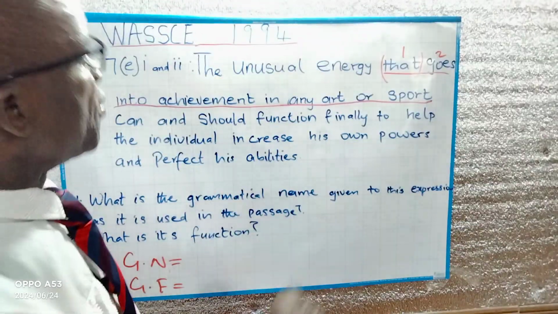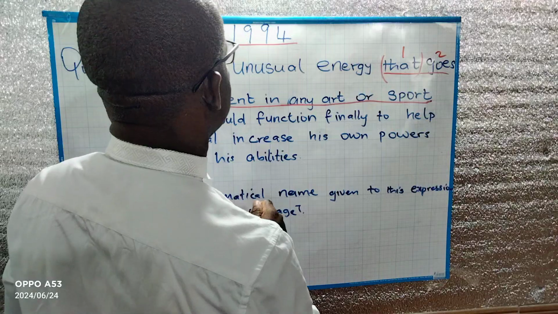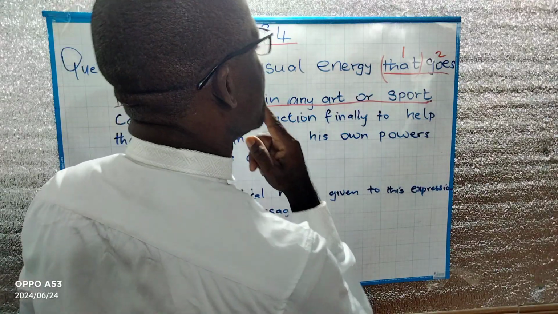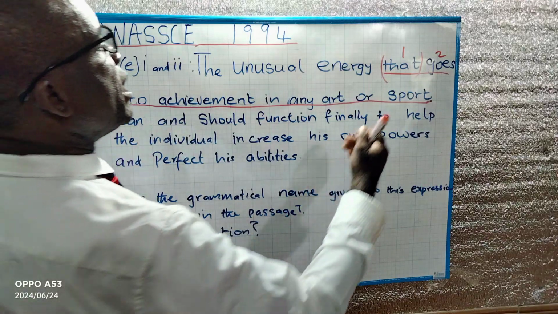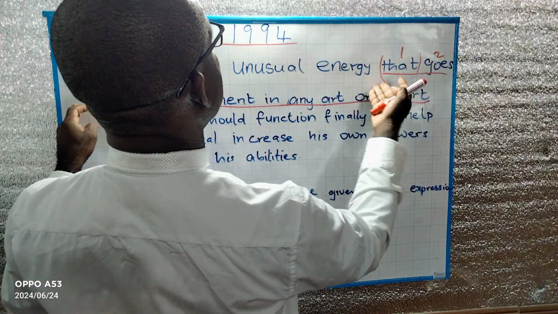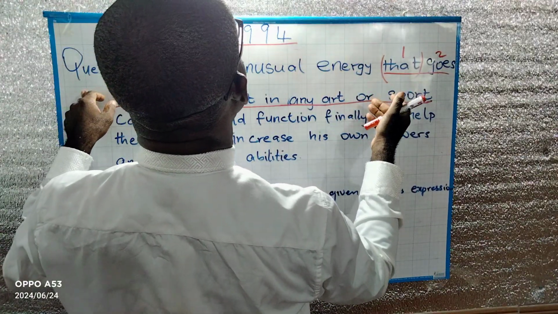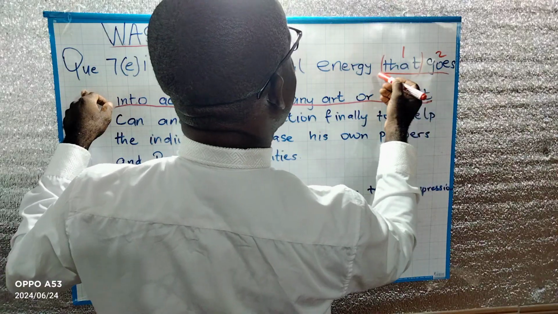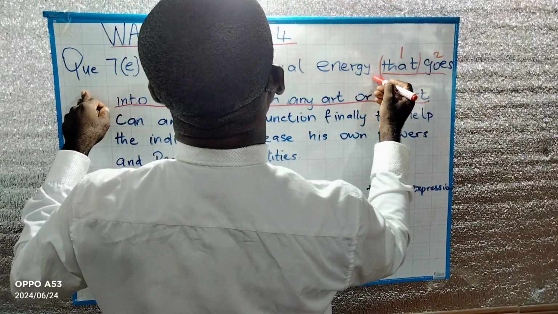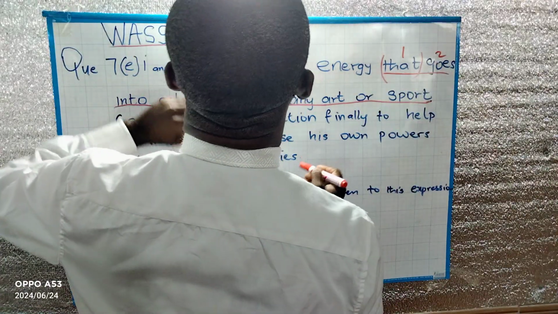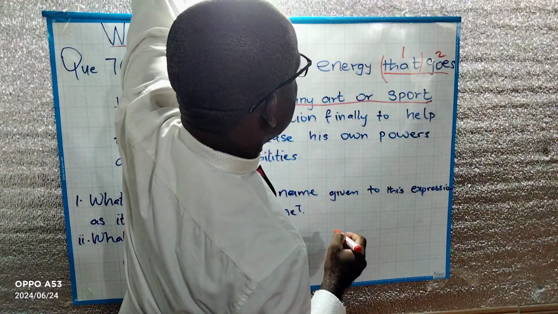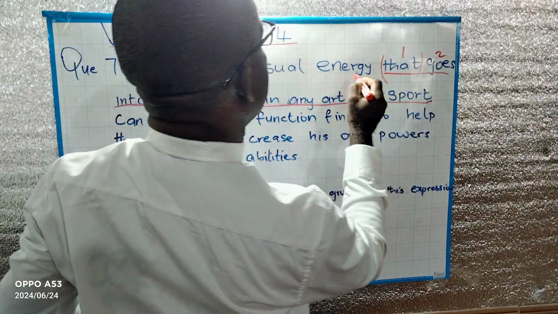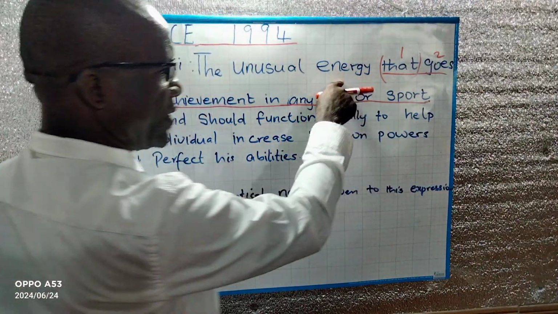Okay? So we go to adjectival clause. Now, the last test for adjectival clause is to check if the underlying expression is coming after a noun. Now we can see here that actually it is coming after a noun, energy, right?